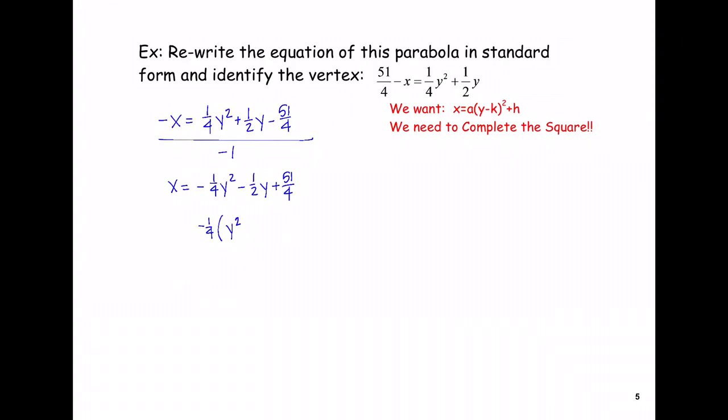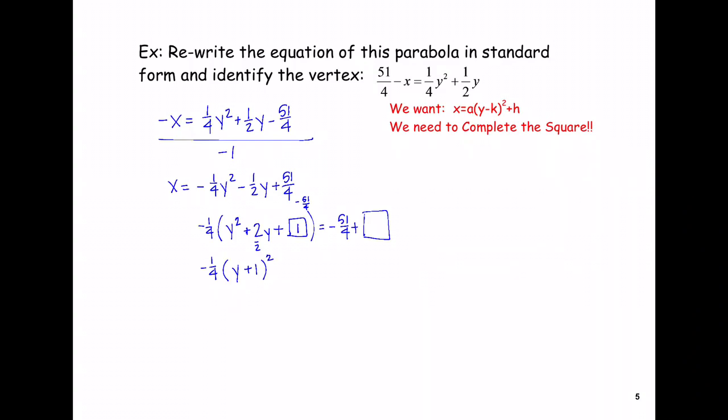Our signs are going to change, so we have y squared plus 2y plus box is equal to, we subtract our 51 over 4 to the other side, negative 51 over 4 plus box. We do our b divided by 2, so 2 divided by 2 is going to give us a positive 1.